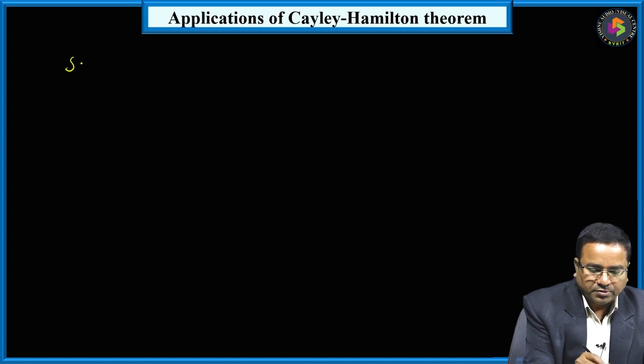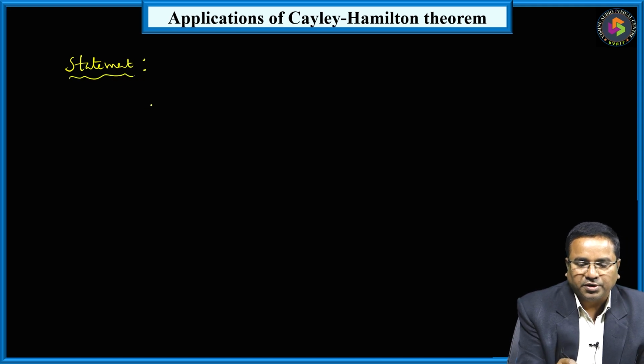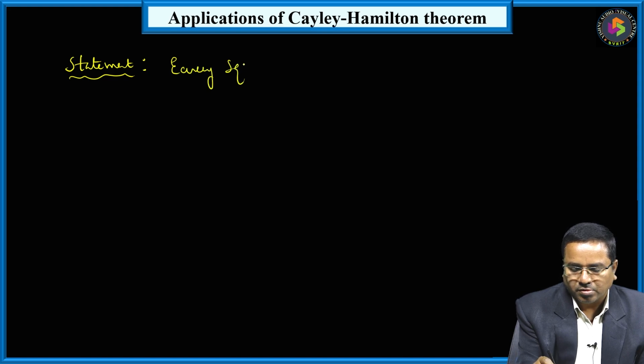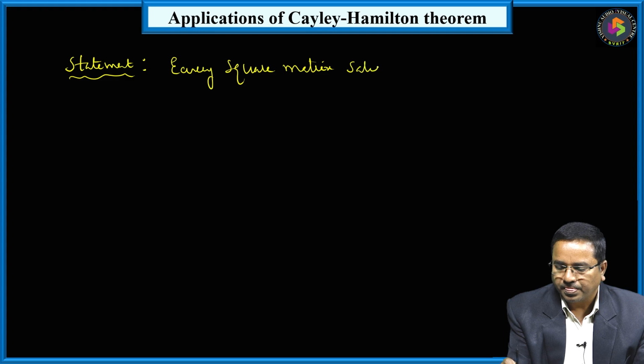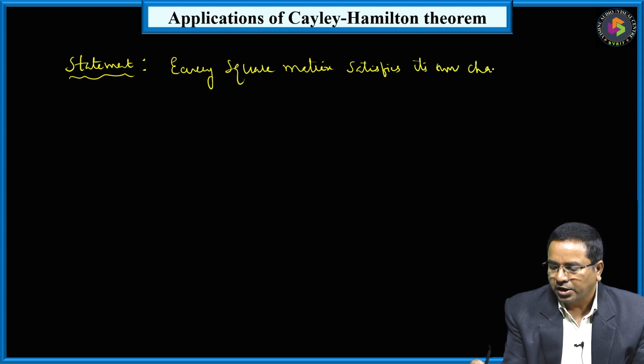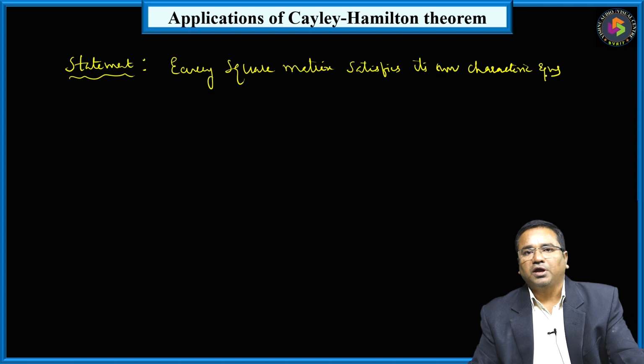The statement of the theorem is: every square matrix satisfies its own characteristic equation. This is the statement of the Cayley-Hamilton Theorem.